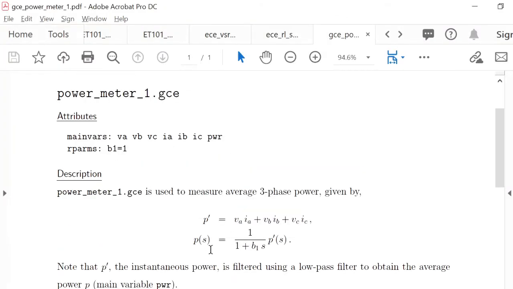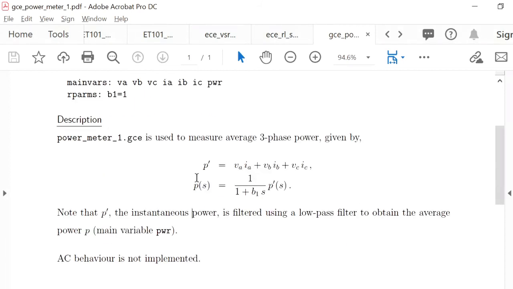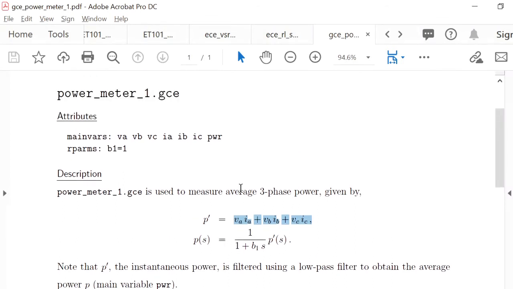Here what is being told is that there are two components. One is the sum of products, and second is the filter, in order to smooth the characteristic. The first part is the part which computes the instantaneous power, and then this power is filtered out later.